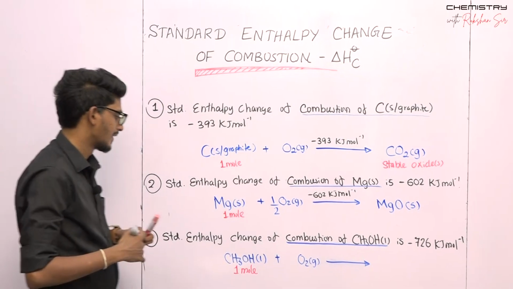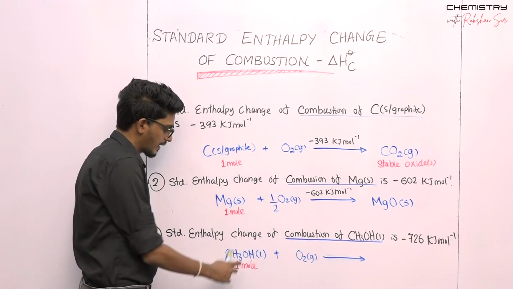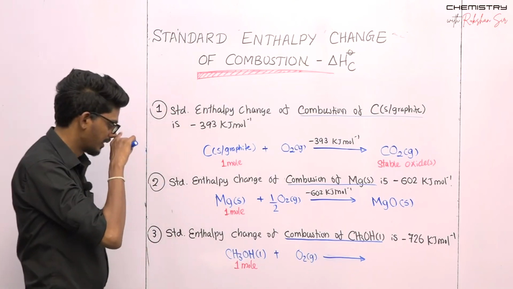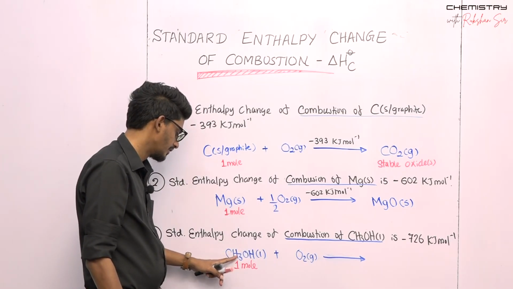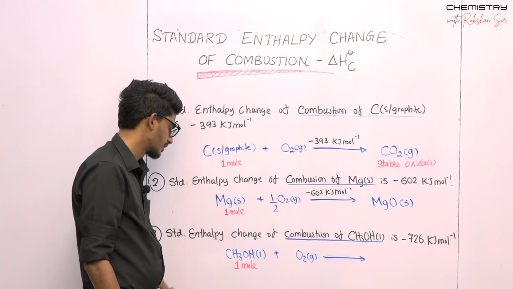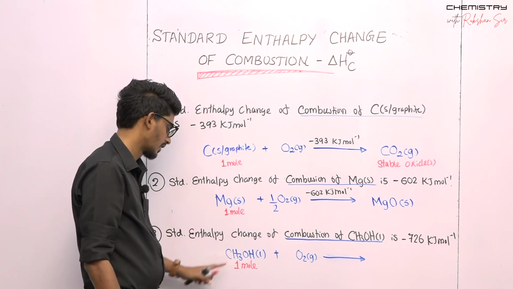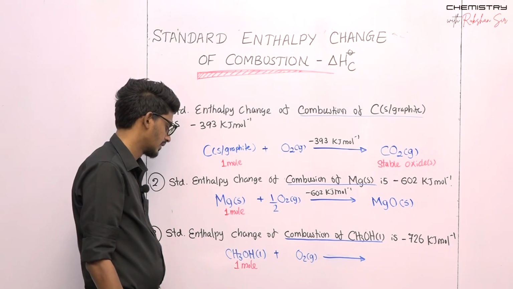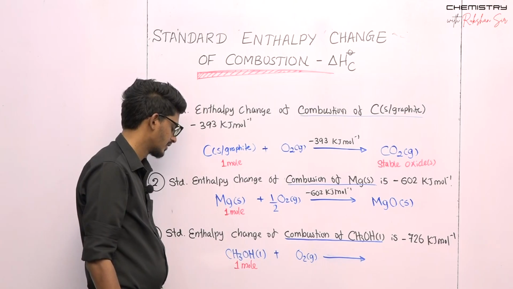The products are going to be the respective oxides of the constituent elements of the 1 mole species. So you are with carbon, hydrogen. The carbon's oxide is CO2. Hydrogen's stable oxide at room conditions is H2O. Hydrogen connecting with oxygen forms H2O. Carbon connecting with oxygen forms CO2. So we are not writing anything as the oxide of oxygen, right?